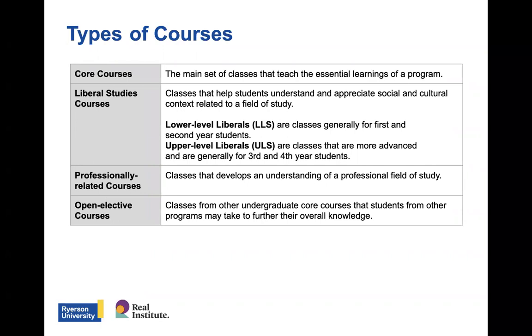Lower level courses are generally more for first and second year students, and they are generally on the more lenient side as students transition into university. Whereas upper level liberals are more for third and fourth year students, and they will be teaching more advanced concepts in those classes, as well as expecting more of the students because they've been in the school for at least 2-3 years already.